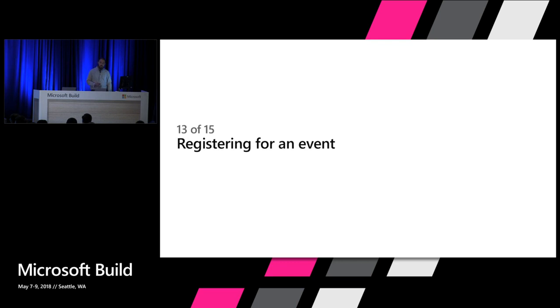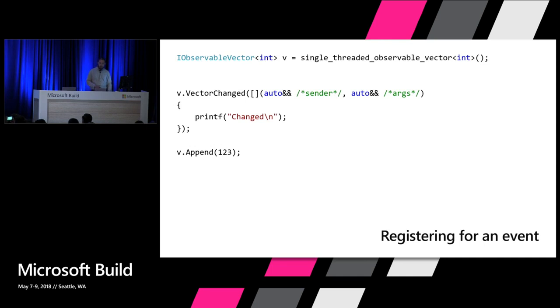And so the main scenario that we want to use delegates for in the Windows runtime is for events. And let me quickly show you how that works. So we might have an implementation, and I'm going to pick on the single-threaded observable vector function, which returns that iObservable vector implementation. It happens to have an event called vector changed. Now that vector changed event actually accepts a vector changed event handler.